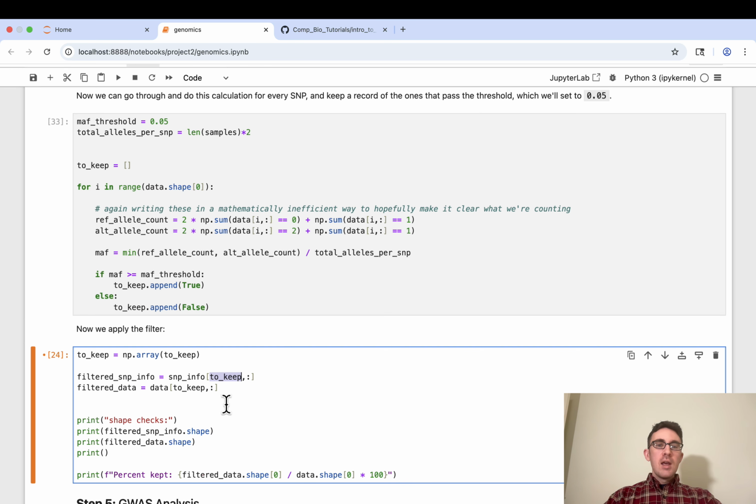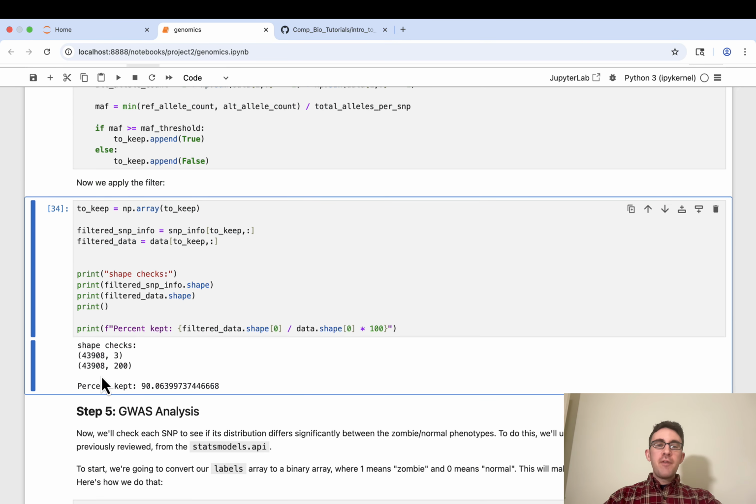So we're only keeping the SNP info and the actual SNP data for the SNPs that met the 0.05 minor allele frequency threshold. We'll do that filter, do some more sanity checks, and then print out the percent of how many SNPs we ended up keeping. After applying this filter, we ended up keeping about 90% of the SNPs. We discarded about 10% of them for not having enough representation of the minor allele.